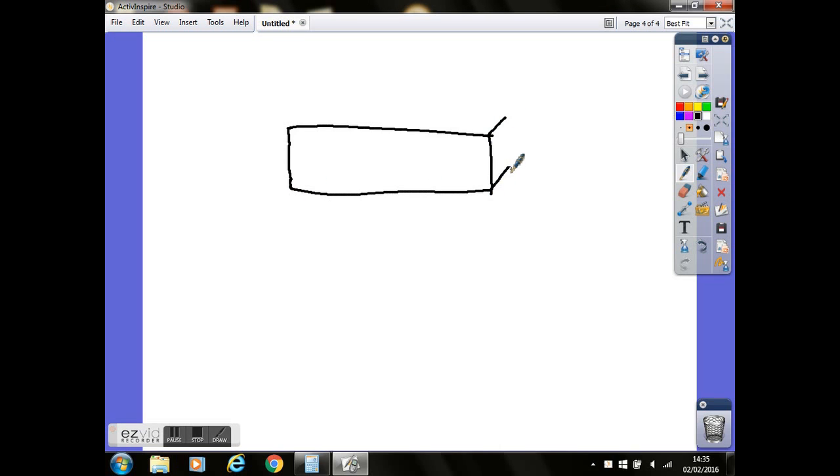Again, excuse the drawing. Okay, so we've got a rectangular 3D shape this time. Again, to work out the volume, we're going to need to know 3 of the sides.